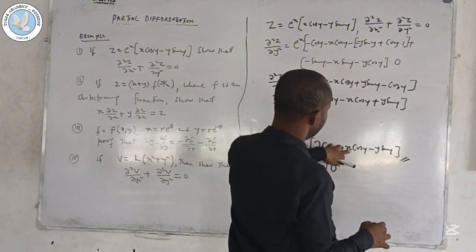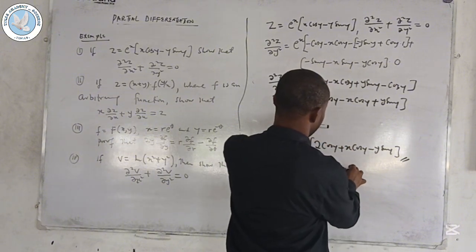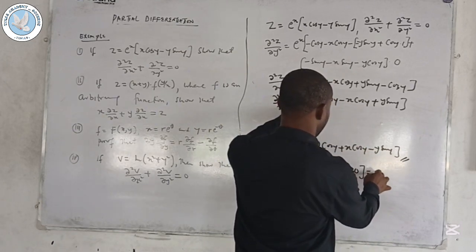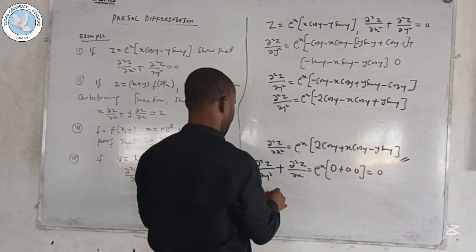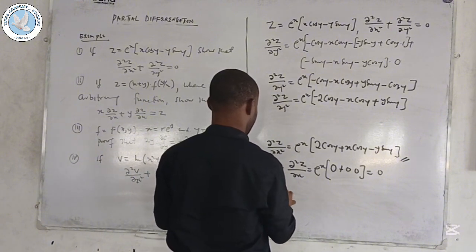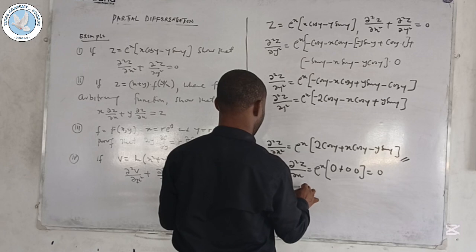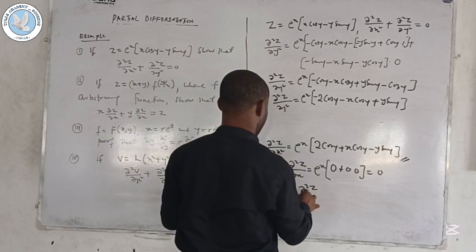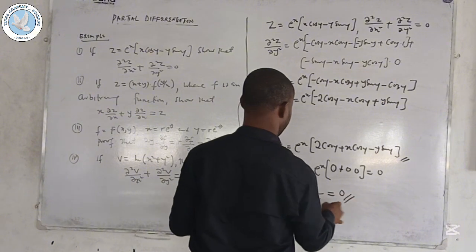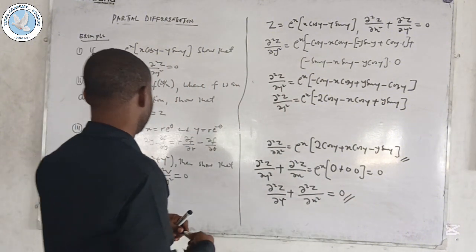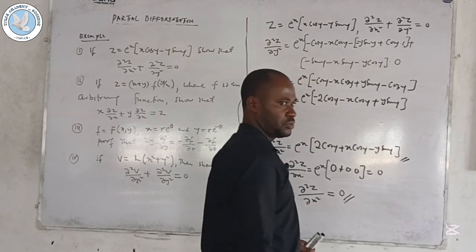This plus this giving us 0. And this plus this giving us 0. So at this point, it is proven that the second derivative with respect to y added to the second derivative with respect to x is 0. That's proven. And we are going to the second question.